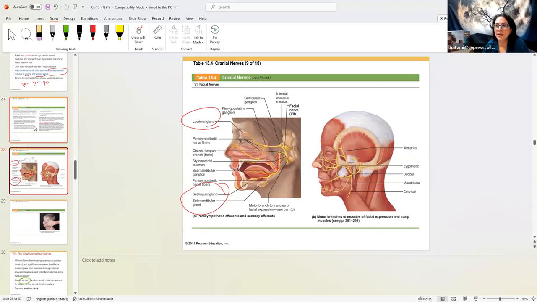Bell's palsy is damage found on cranial nerve number 7, the facial nerve, where the patient is going to lose some of the facial expression on one side because the facial nerve has been damaged, and it innervates the facial expression muscles.